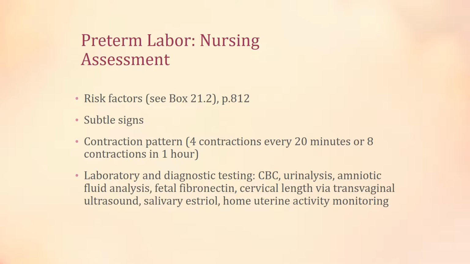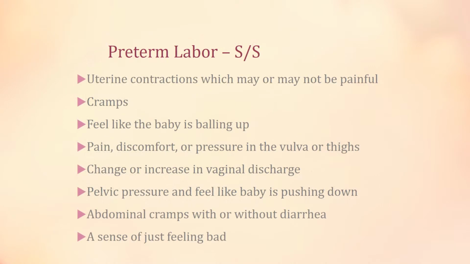We may do a salivary estrogen level, and she may need home uterine activity monitoring if she's threatening. If she lives too far away from the hospital, we will probably admit her and monitor her in the labor room, sometimes as long as we've kept them in there.